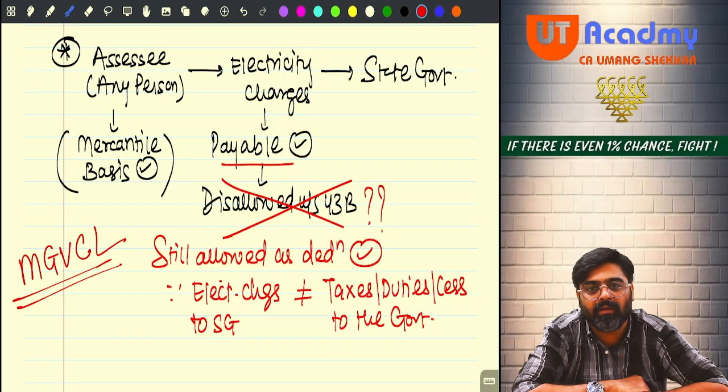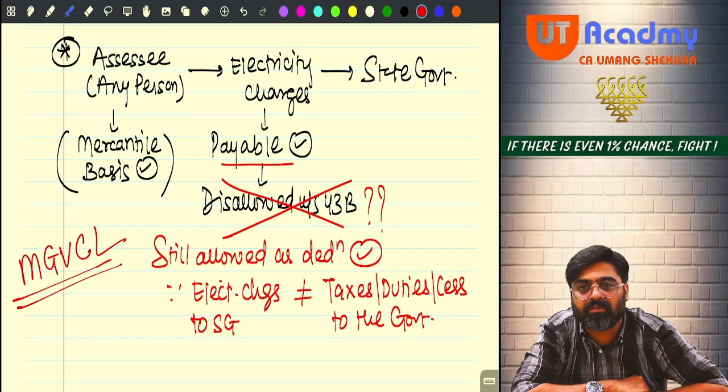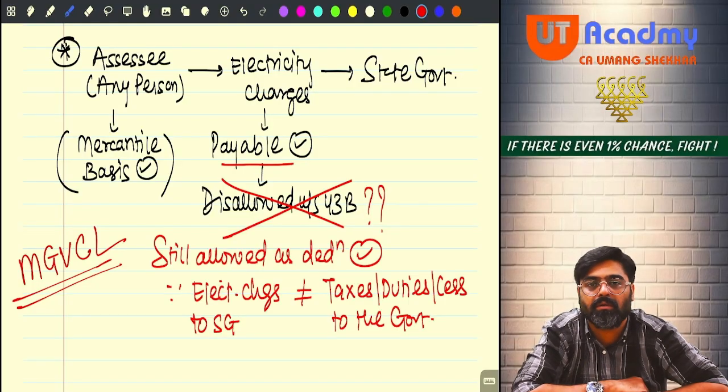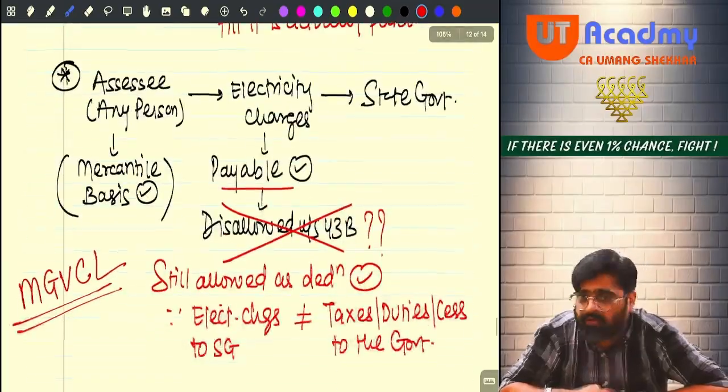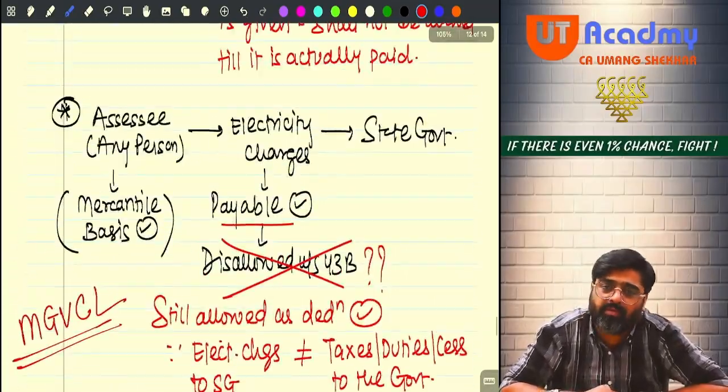Getting my point? Because this is not tax payable under any law, it should be allowed on the basis of the method of accounting. If the assessee is following the mercantile basis, it should be allowed in the same year. 43B cannot be attracted. Will you remember this? These are two or three important points which we had to discuss with 43B. Now your 43B is over.